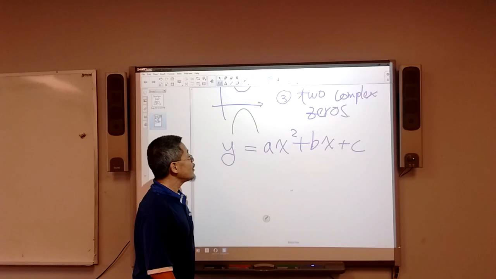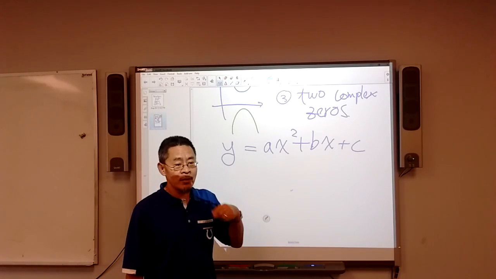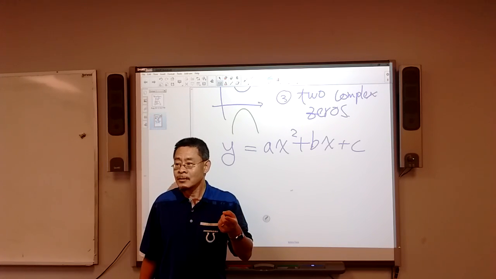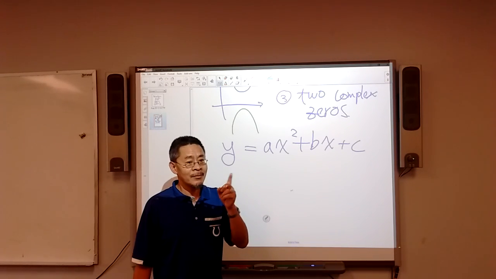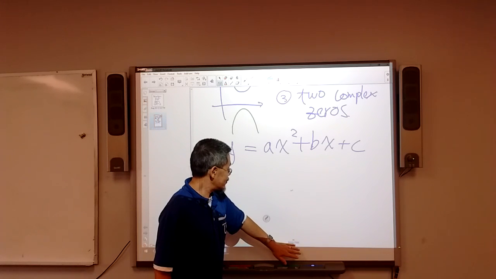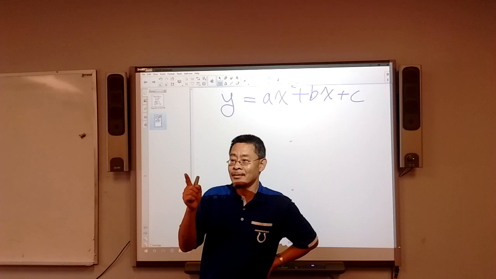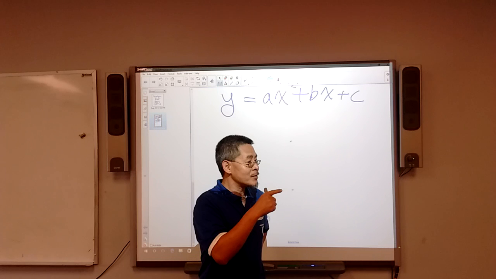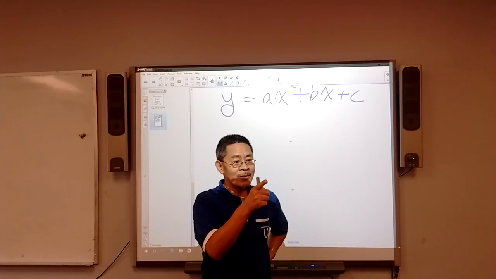Now, if we know A and B and C, how do we know whether or not they have complex zeros? You guys learned that. There is a formula for that, based on the quadratic formula.